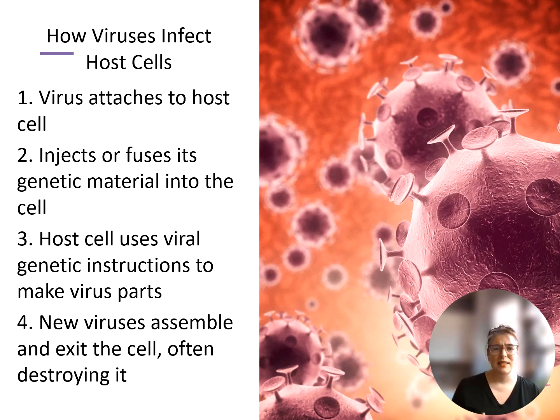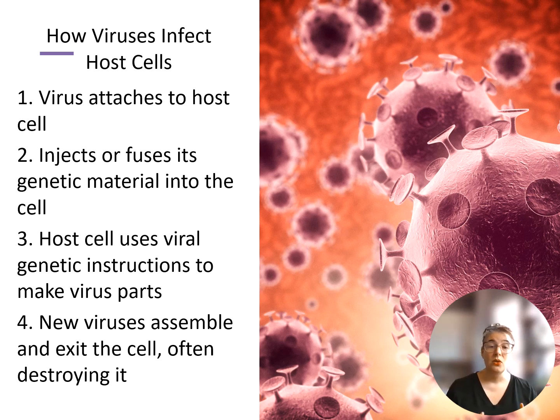So how viruses like to infect those host cells, I mentioned the proteins can make them sticky on the outside so that they can attach. So viruses must attach to a host cell. They can inject or fuse their genetic material into the cell. That capsid layer dissolves. It tends to degrade quickly, especially once that attachment has been made.